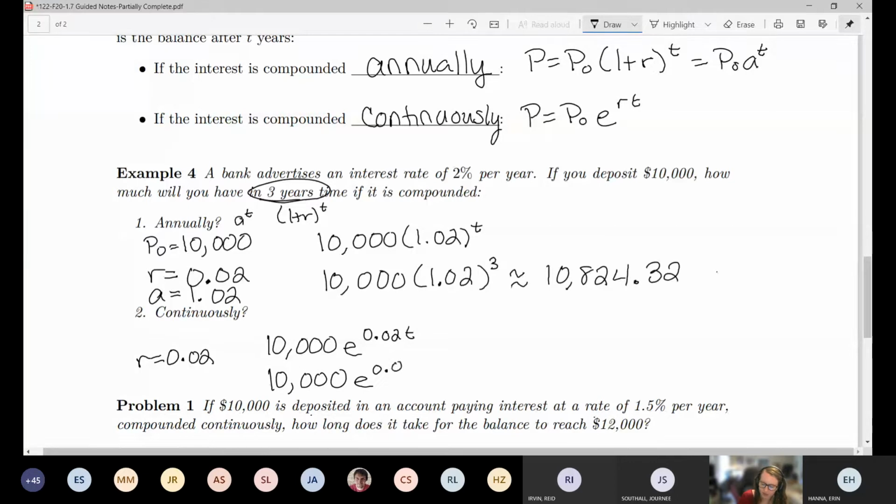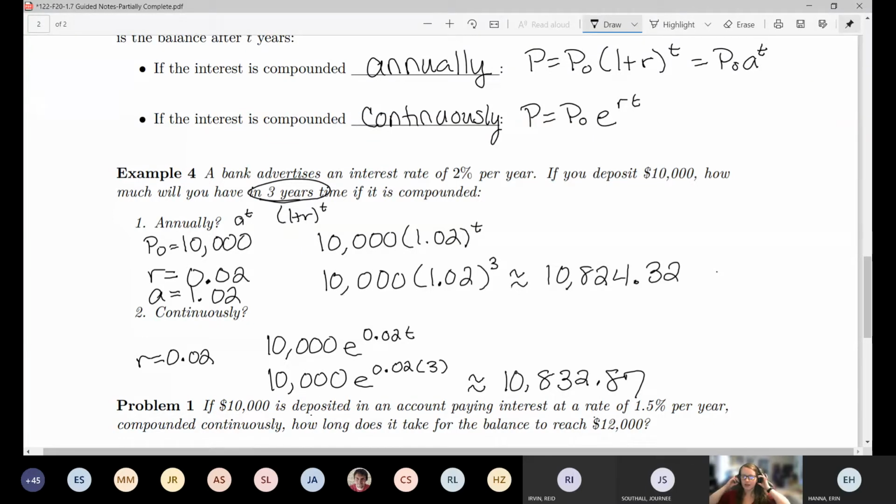We just put it in as it is. So I want to know 3 years later. Punch that into a calculator. And you get $10,832.87.